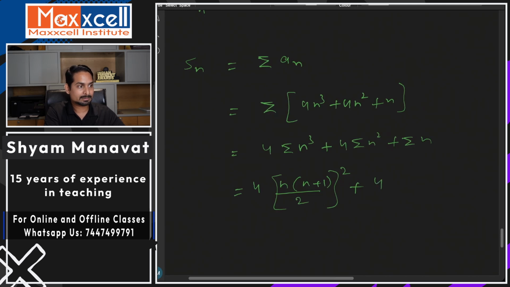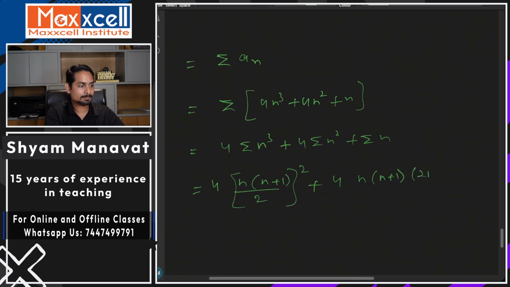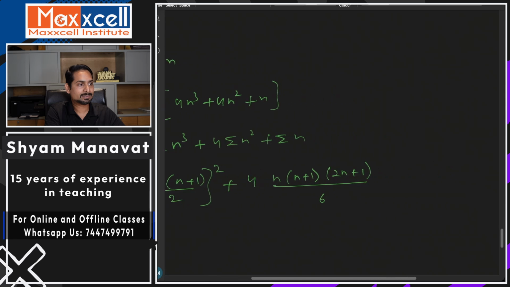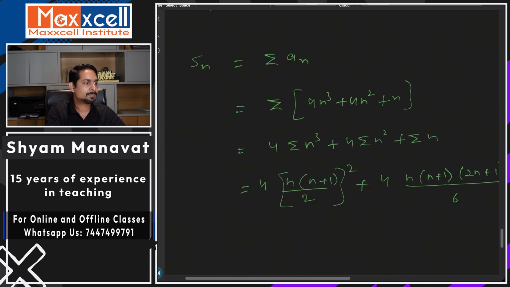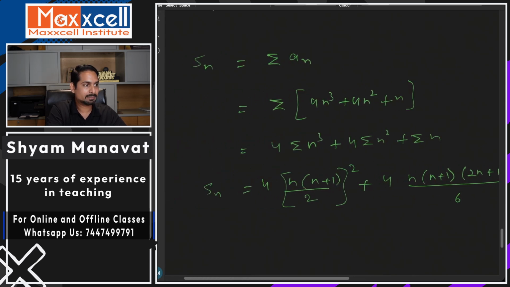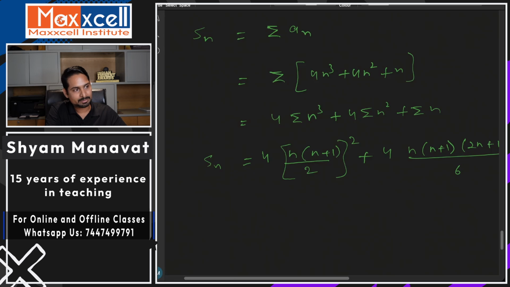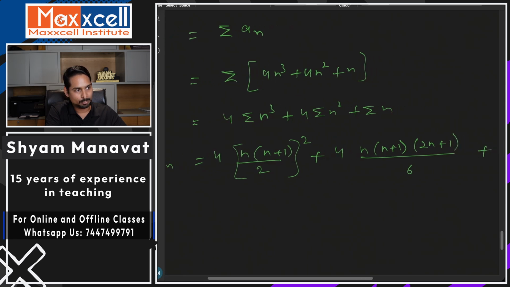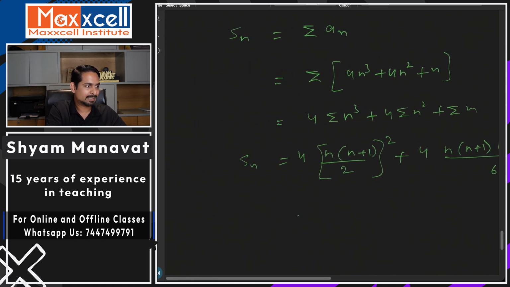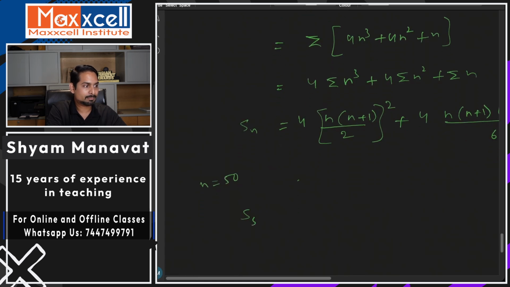Summation of n square, that is n into n plus 1 into 2n plus 1 by 6. Summation of n, that is n into n plus 1 by 2. Okay, you can simplify further by taking some common terms and doing more with it. But I suggest, instead of that, just simply substitute n equal to 50, because that's what you need to find out: the sum of the first 50 terms.